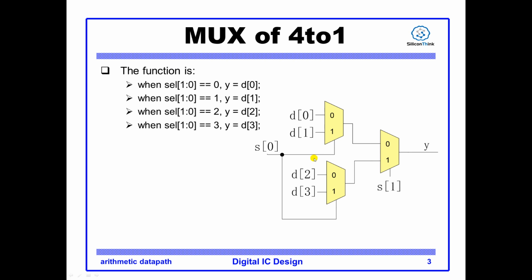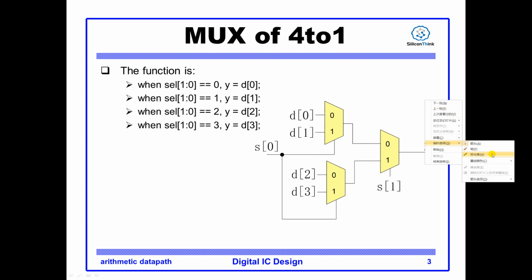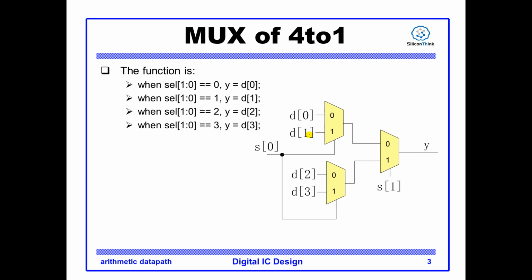This should be something like that. Yes, this may be obvious for you. So now just check for this item. Sel equal to 0, that is, sel is equal to 2. So this bit is equal to 1, this bit equal to 0, so this path is cut off. So the data can pass through in this way.